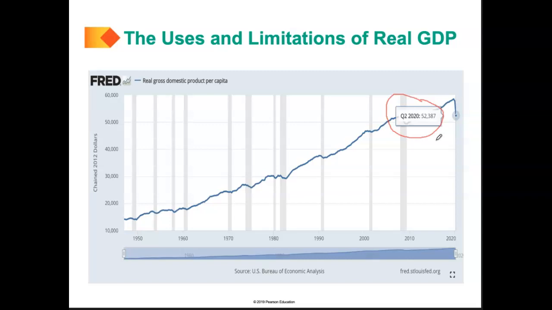If you compare it to maybe 30 or 40 years ago, GDP per person has been increasing. Generally we see a positive trend in real GDP per person, meaning that living standards in the United States have been increasing over time.